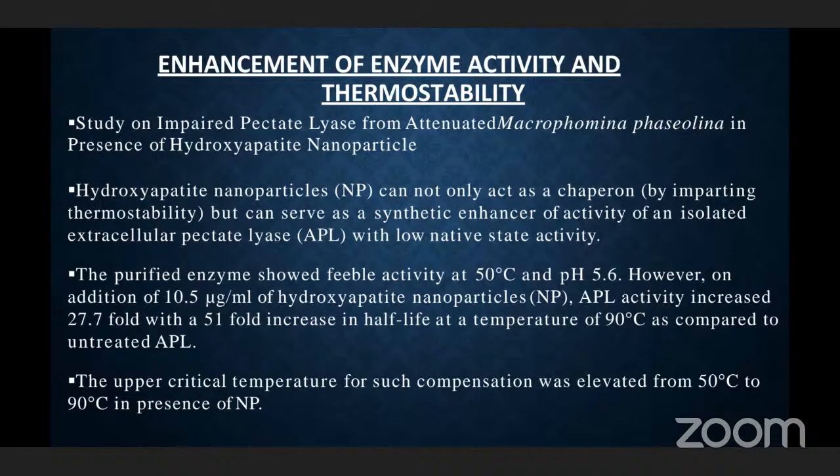The purified enzyme shows activity at 50 degrees centigrade and pH 5.6. However, by adding these nanoparticles, its half-life increased at up to 90 degrees centigrade. So from 50 to 90 degrees centigrade, the efficiency of the enzyme's action has been increased by the addition of nanoparticles.